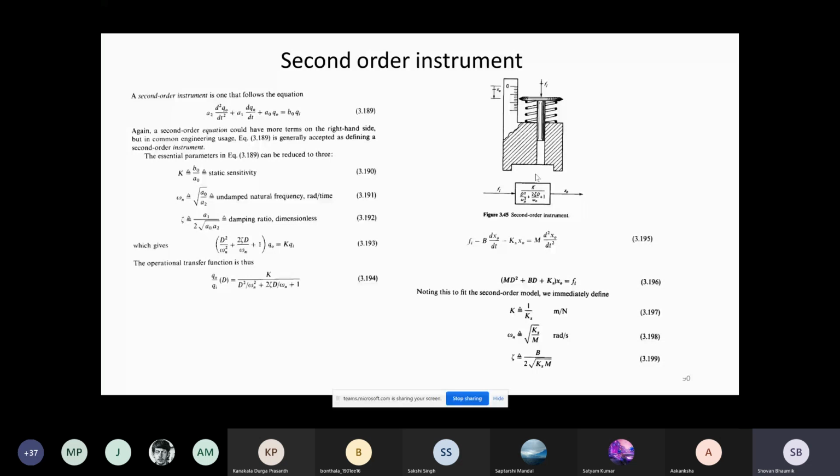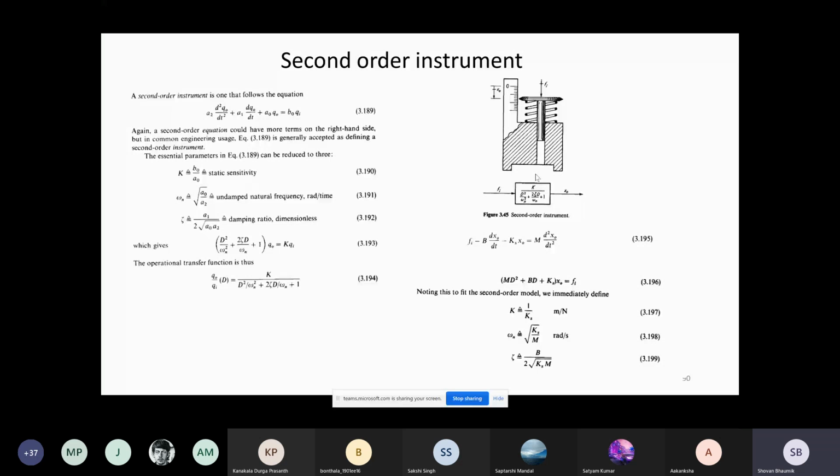If there is velocity, there is an opposing damping force, and it is proportional to the velocity. If your velocity is more, the damping force will be more. So that will be B dx0/dt.